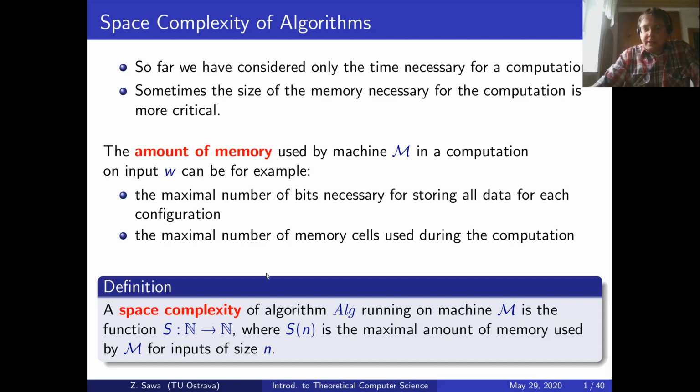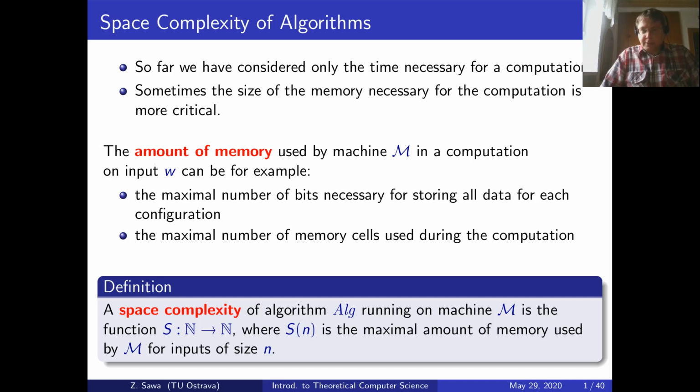So then, if you remember, we defined the time complexity in the worst case as a function that to a given size of instance of the problem assigns the maximal running time of the algorithm on the instances of the given size. In case of space complexity, it's very similar.